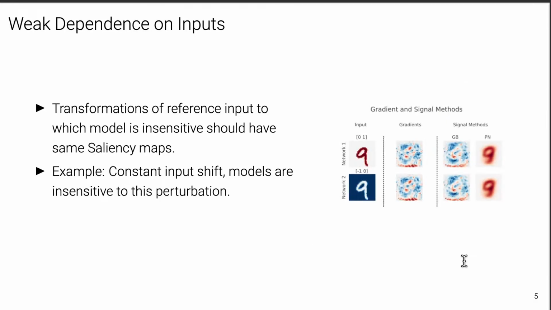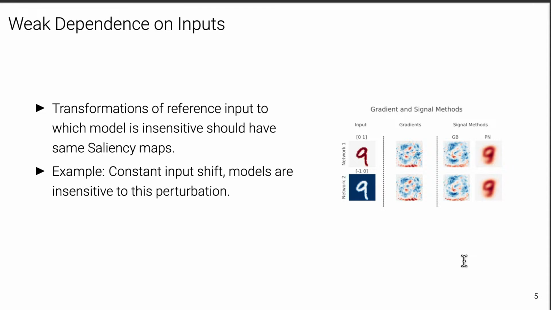One example in one of the papers that we are reading is that when we perform a mean shift on the input, our gradients are invariant to this shift. We want to capture the notion that since the model's classification is not going to be affected by this mean shift on the inputs, we do not want our saliency map to shift either.